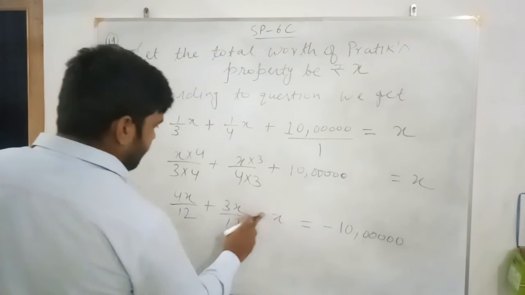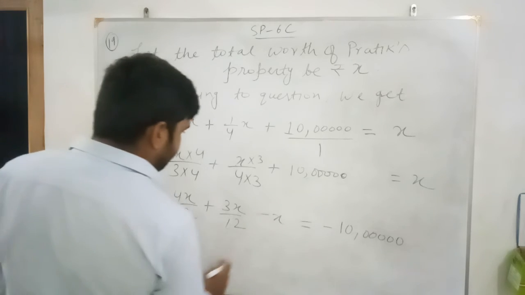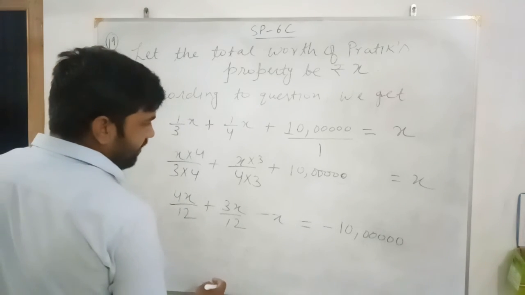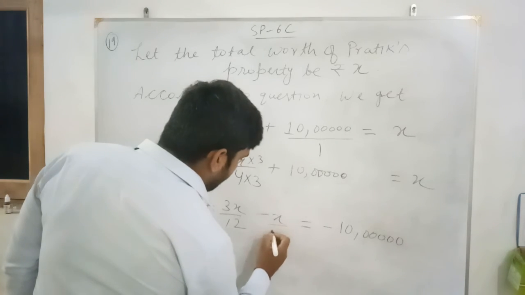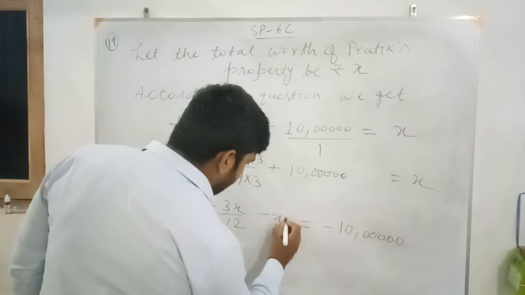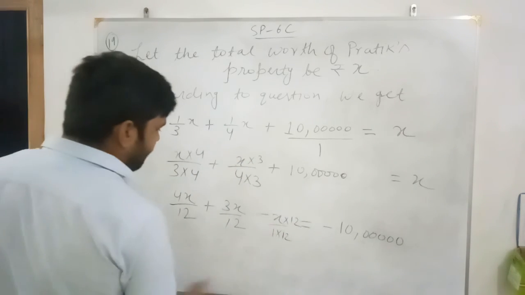Now see what you got. If you take the LCM, the denominator of x is 1, so multiply the numerator and denominator both by the LCM 12. So what you get is 12x upon 12.